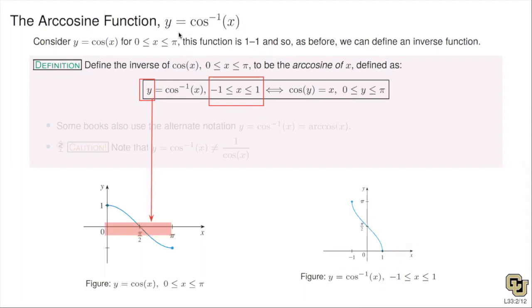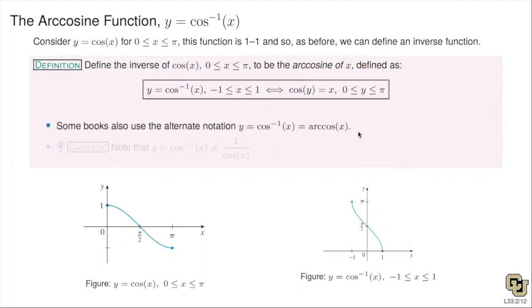And so that's why this y term, that's the range of arc cosine, is 0 to pi. And you can see on the graph here, here's the range. And the domain of the original function became the range of the inverse. You can see they flip-flopped. As before, we have alternate notation. We can write arc cosine. And again, I caution you, this is not the reciprocal, it's the inverse of cosine or arc cosine. It's not 1/cosine.